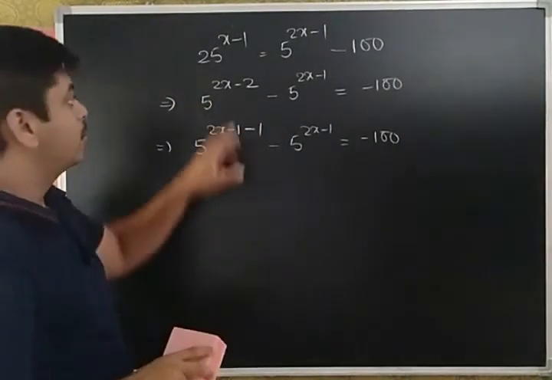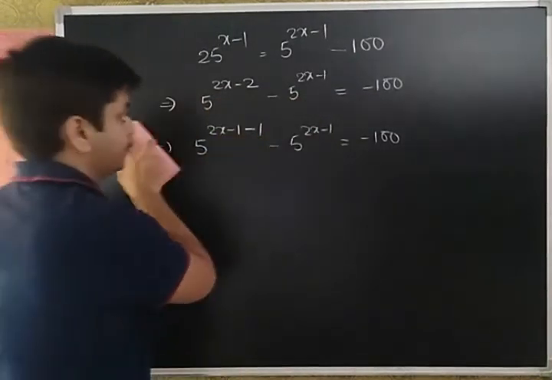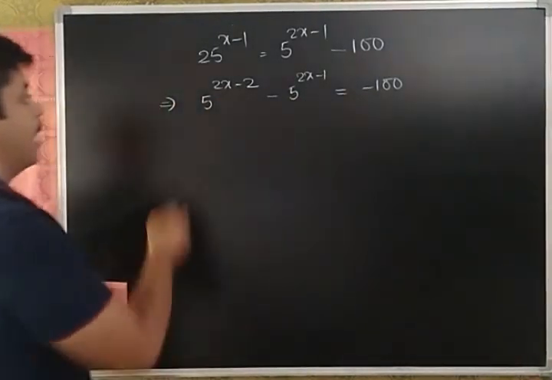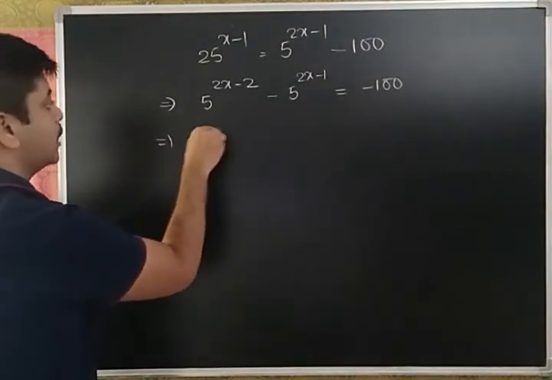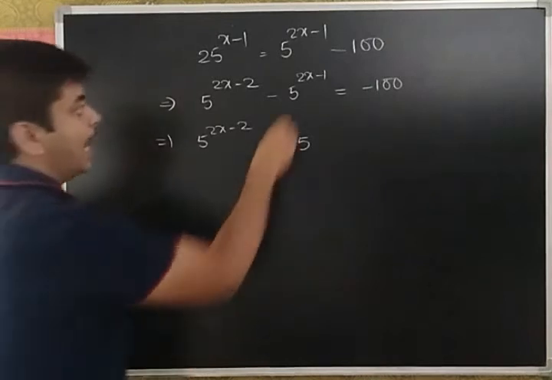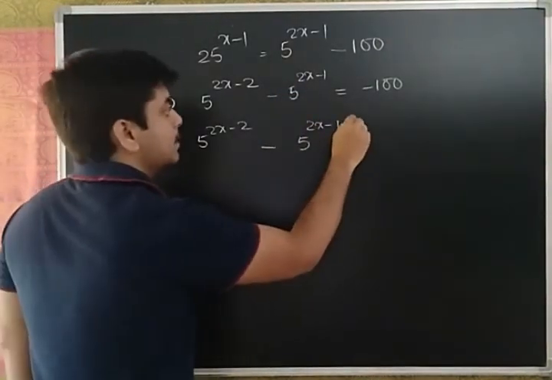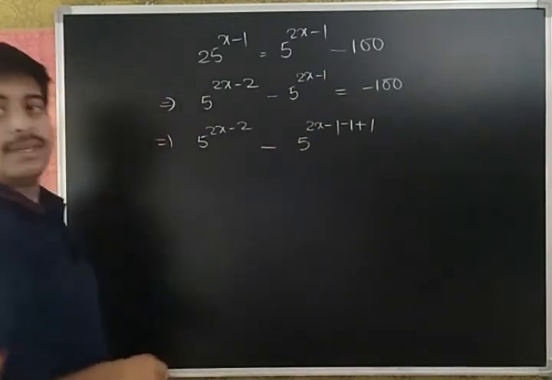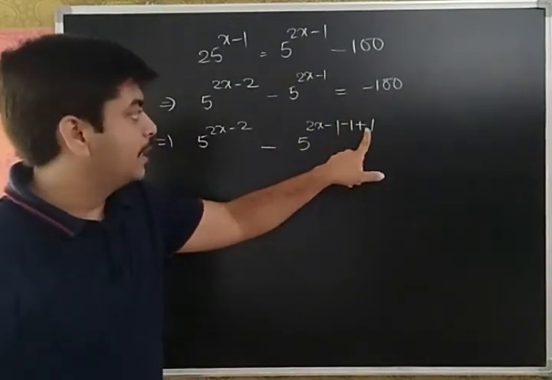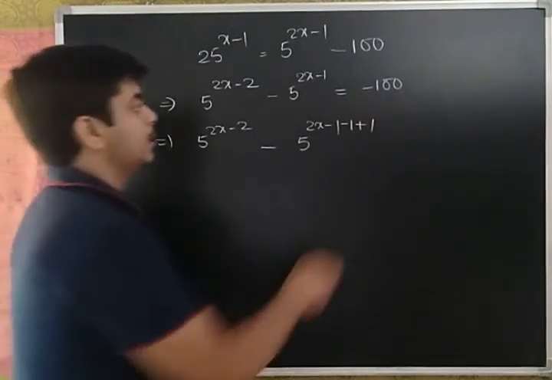Or instead of changing this one, it will be easy if I change this one. I will leave this 5 power 2x minus 2 as it is, minus 5 power, I will write this as 2x minus 1 minus 1 plus 1. I am adding minus 1 and plus 1 so that it balances, is equal to minus 100.